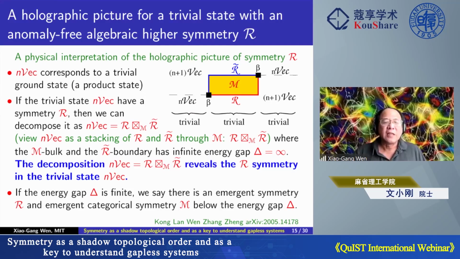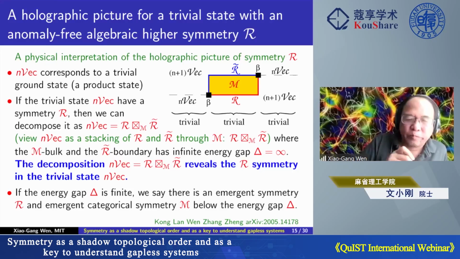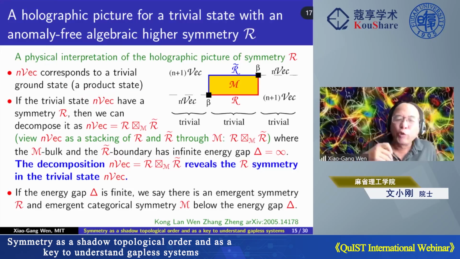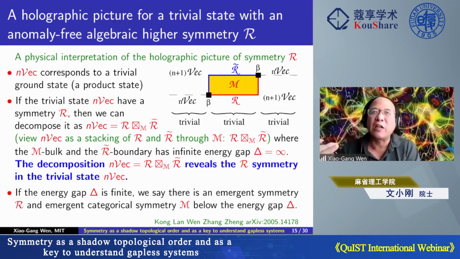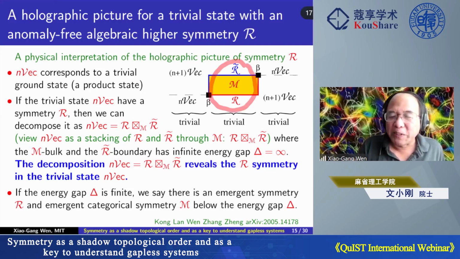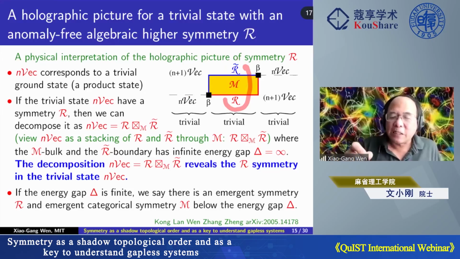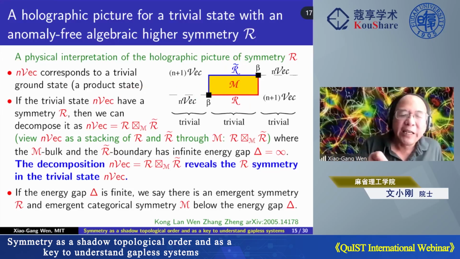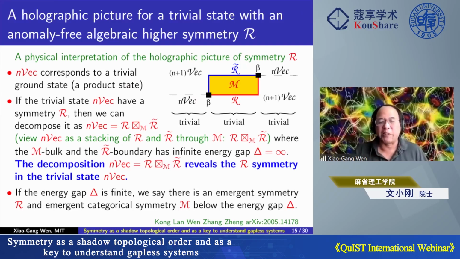Okay. So then we are facing a task. Given a product state, how do we know whether this product state has a symmetry or not? So we say that if this product ground state, plus its excitations above it, allows this decomposition, then this decomposition exposes the symmetry hidden in the product state. So that's another picture.